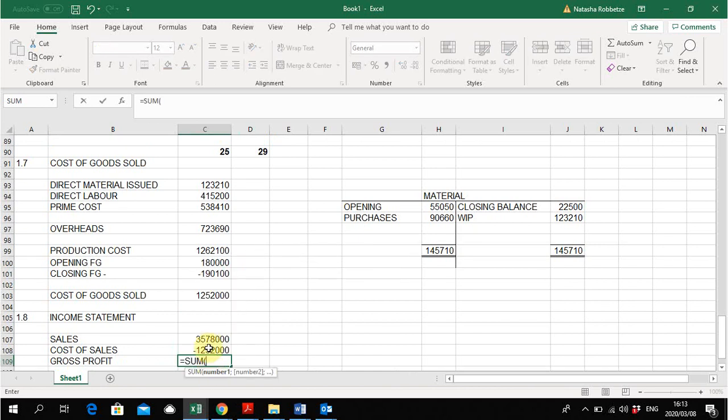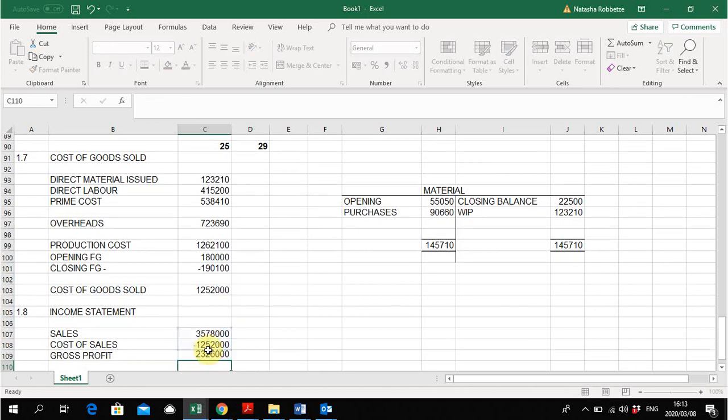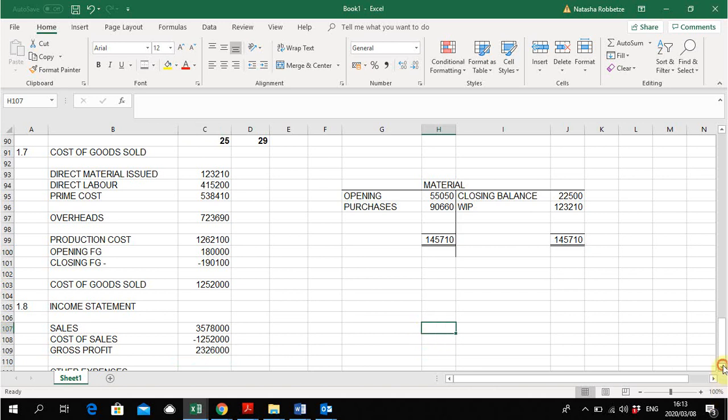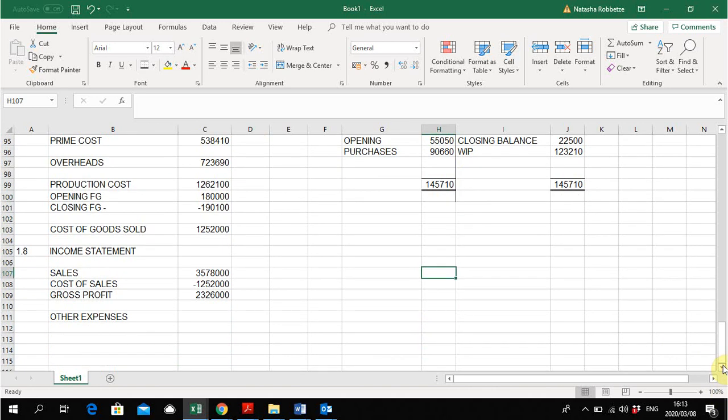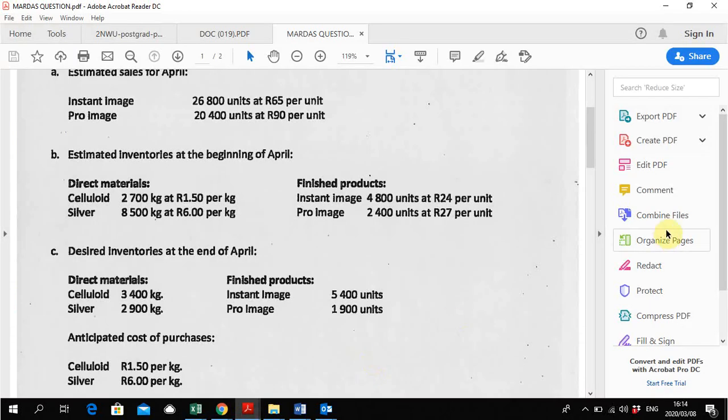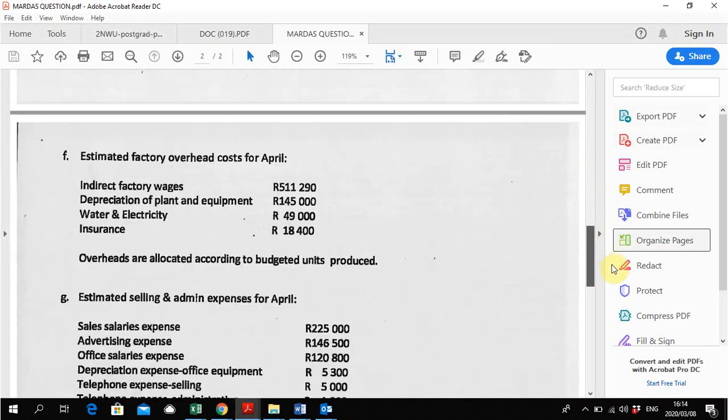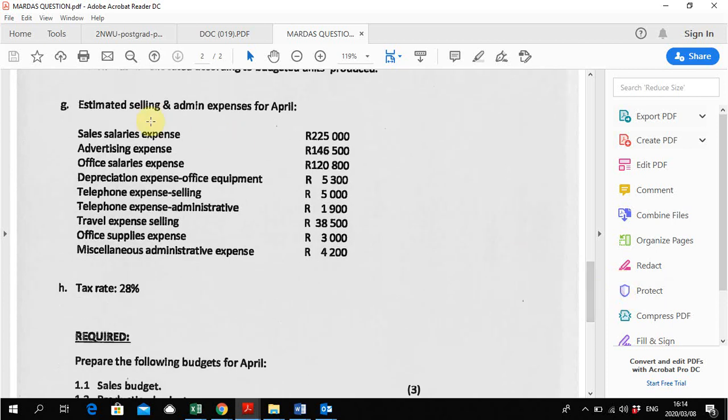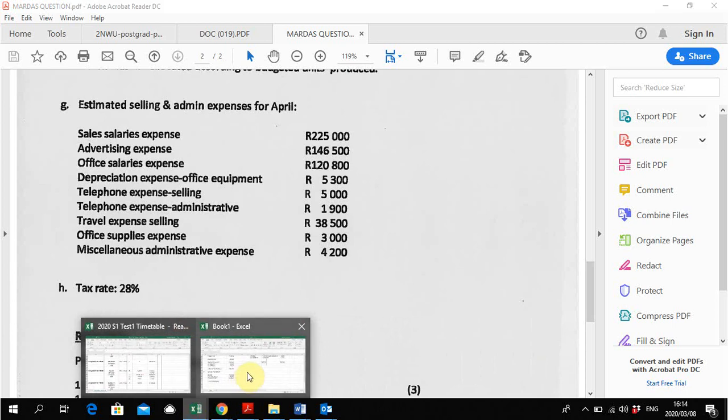And we get to a gross profit of 2,326,000. The other expenses were given to us in this question. If you look at the note number G, they've given us the salaries, advertising, your office, your depreciation, your telephone expenses, travel expenses, office supplies, and other admin expenses. So all of those will go into that calculation.